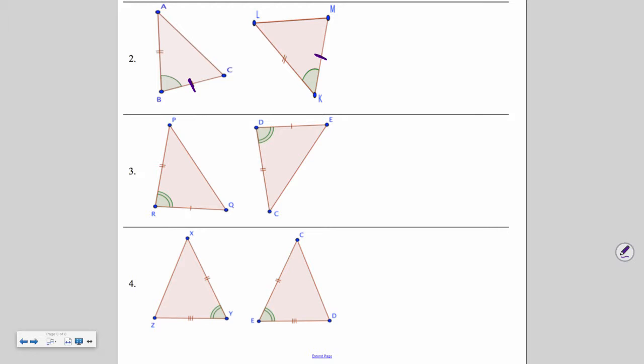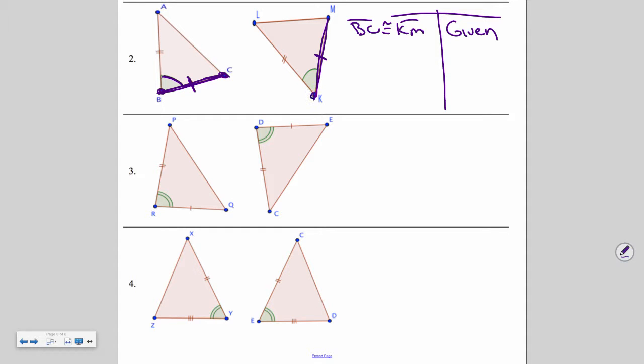So if I am doing a two-column proof, I am going to say that BC, this segment right here, is congruent to KM because it's given. Now, the reason why I have that order, B is in the corner with the angle, C, and then C doesn't have the angle.